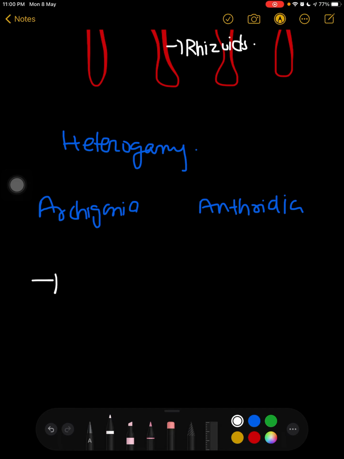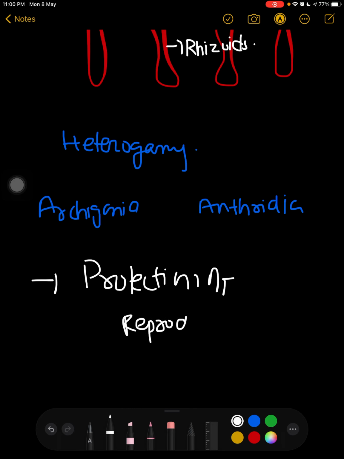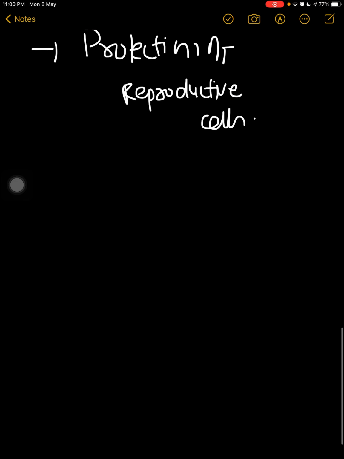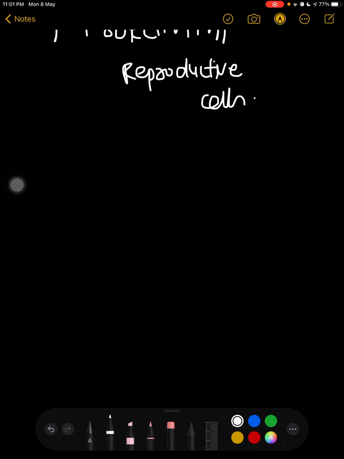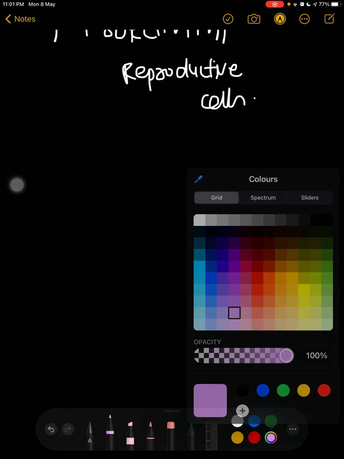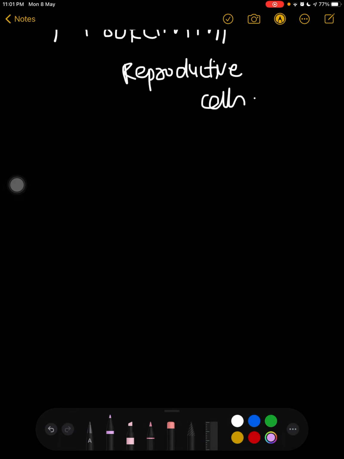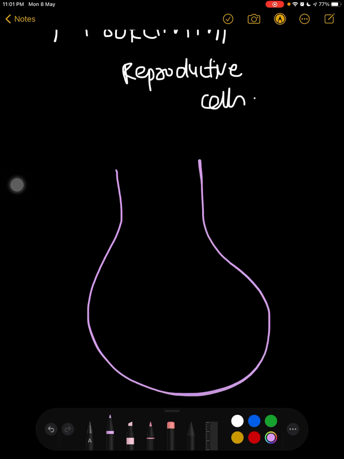Then the other adaptation is the protection of reproductive cells, right? Okay, consider that this is the archegonium.